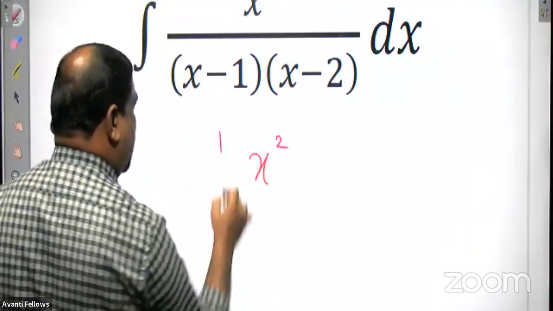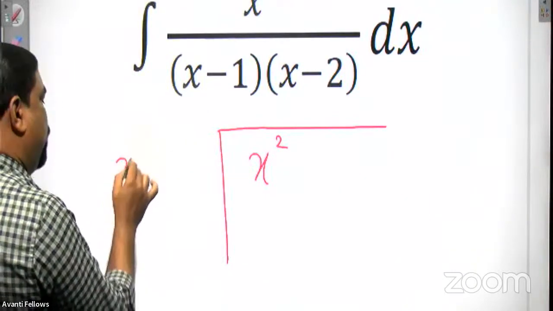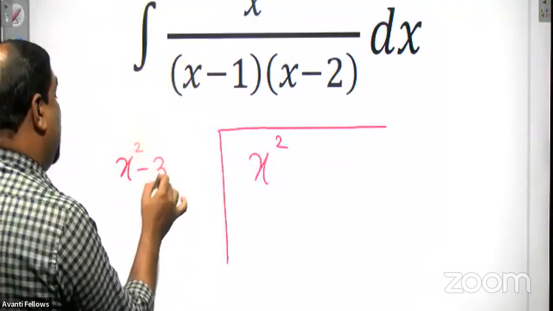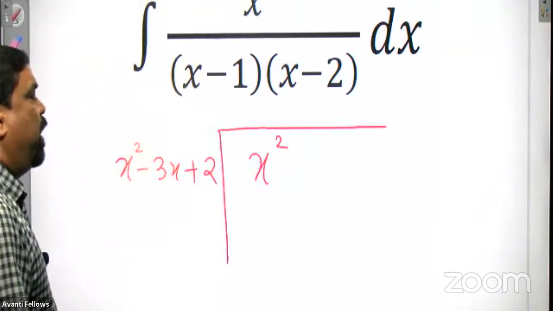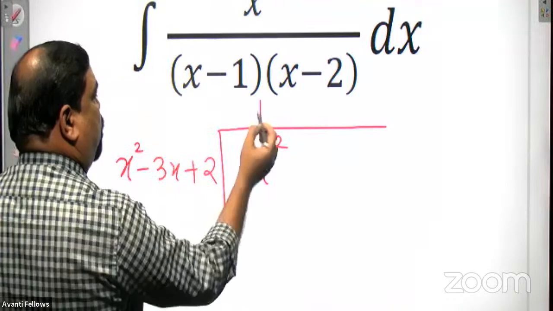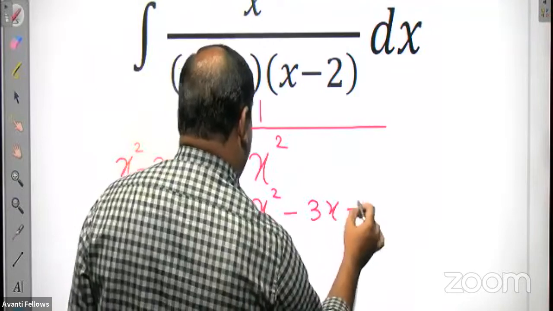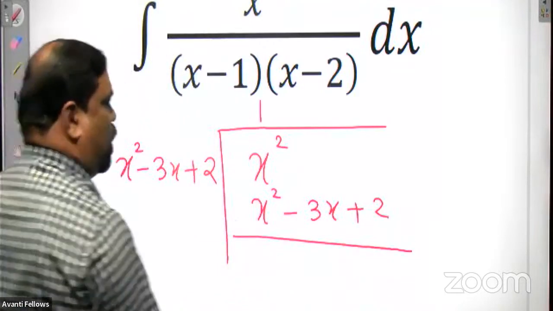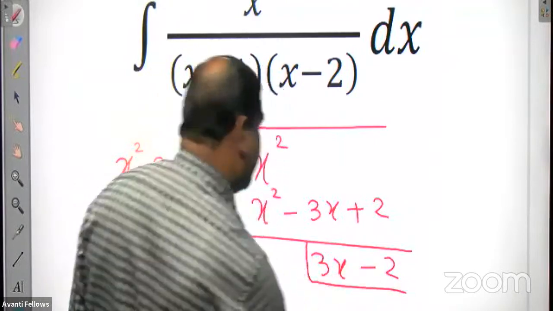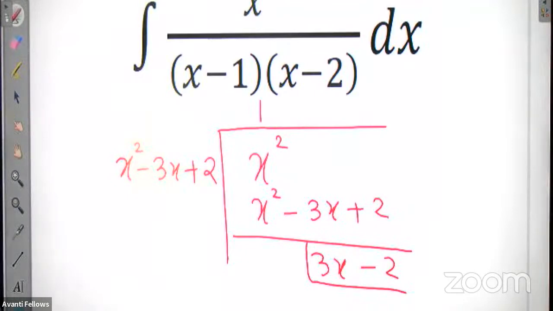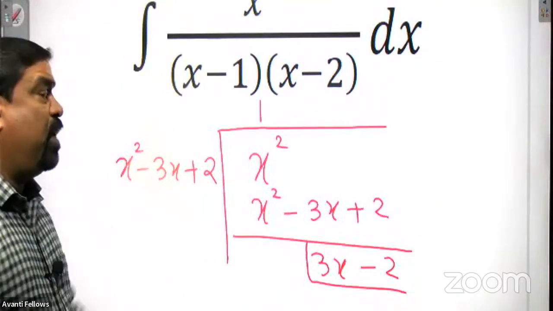So x square divided by the denominator x minus 1 into x minus 2. If I multiply, that is x square minus 3x plus 2. Then divide x square by x square, one time. 1 into x square minus 3x plus 2. We can also do it in a shorter way. So the remainder will be 3x minus 2. Clear? Degrees are the same, so we have to go for division first.